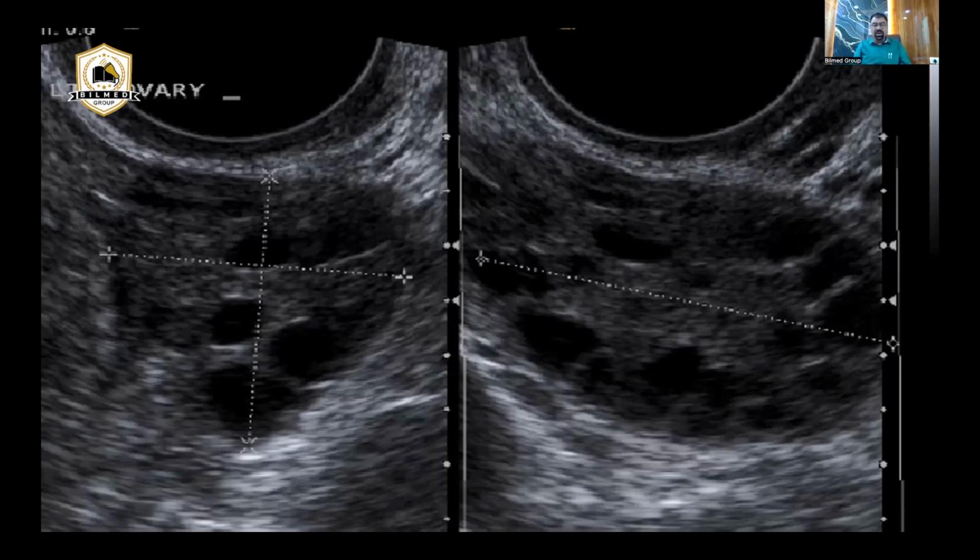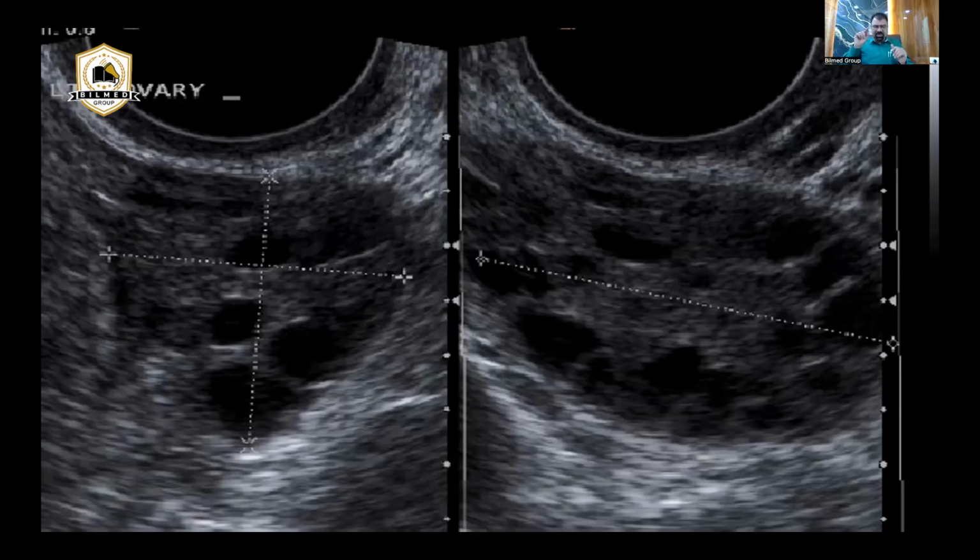There is something called the duty factor in the machine, and the duty factor of the machine is less than 1. What does that mean? Most of the total time, the machine is listening to the echoes of whatever it has sent.